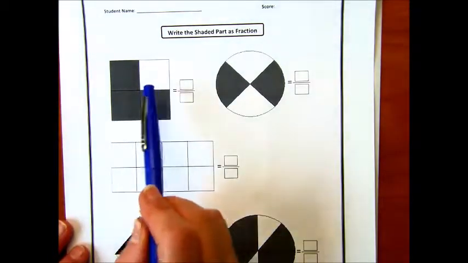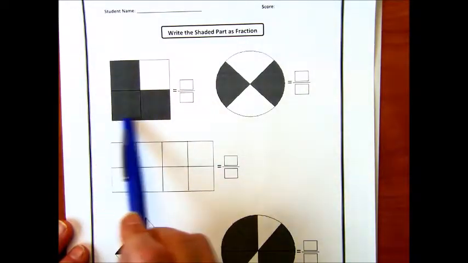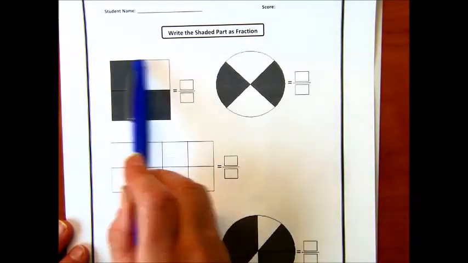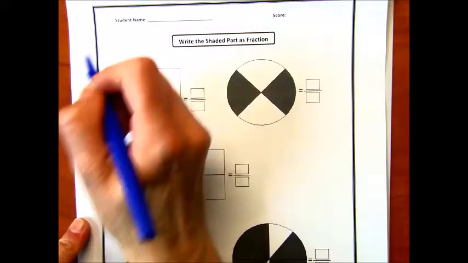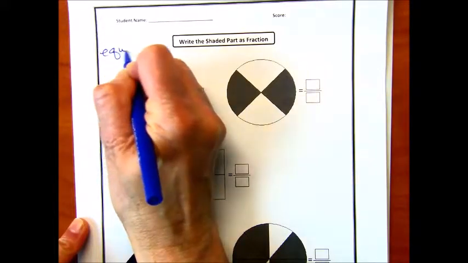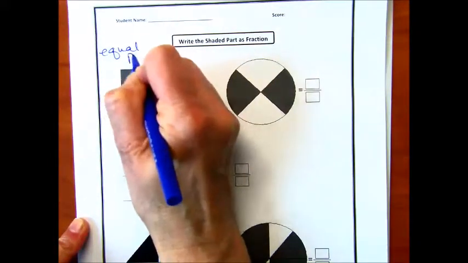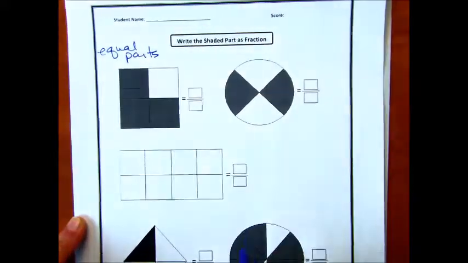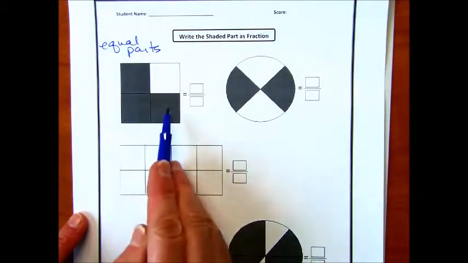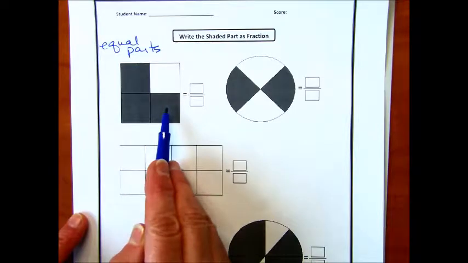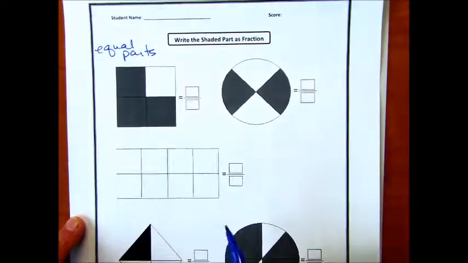Now, notice that we've got an object here, or a figure. This happens to be a square, and within the square, it's broken up equally, and that's the key word, equally, or equal parts. Okay, so you can see there's 4 equal parts, 4 equal squares, meaning they're the same size.